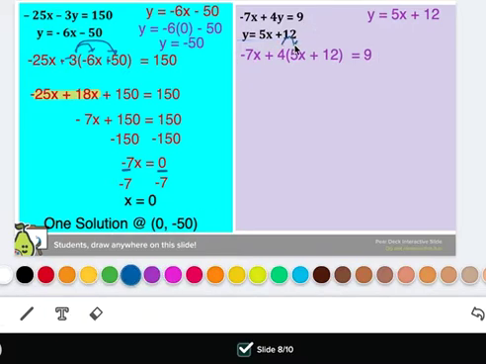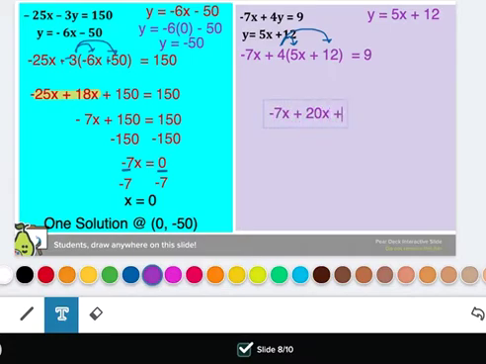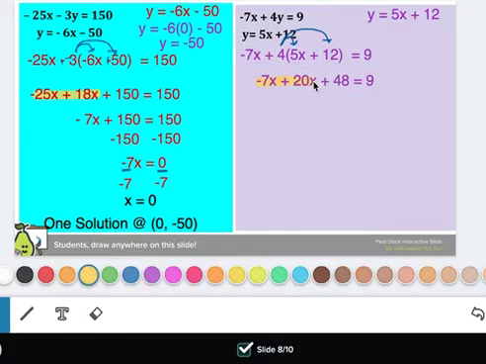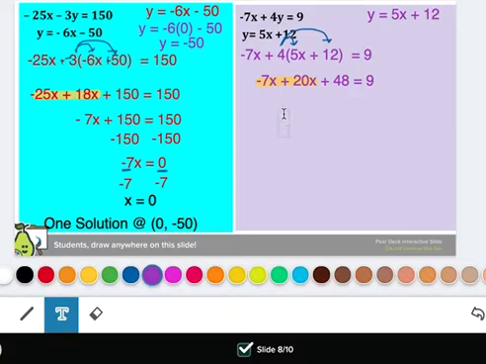This times that, you get negative 7x plus 20x plus 48 equals 9. Then you combine these two because they're alike to get 13x plus 48 equals the 9 that's left. Minus 48 to both sides.